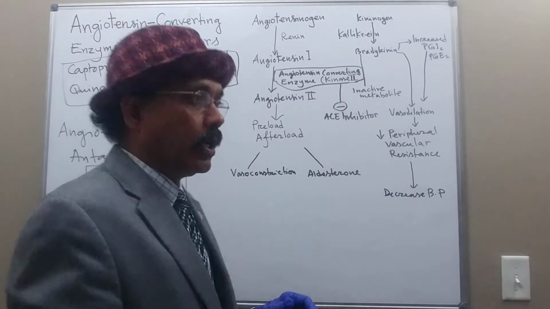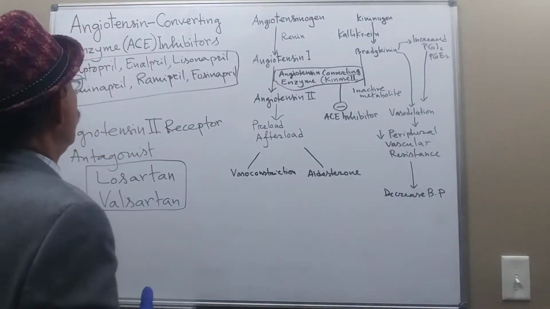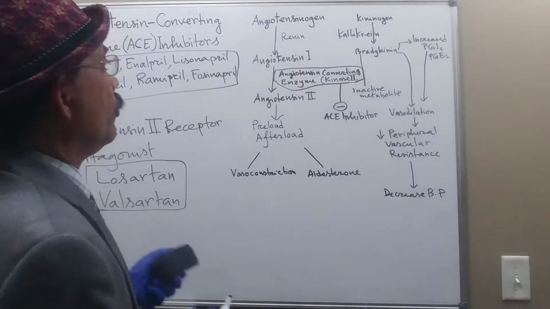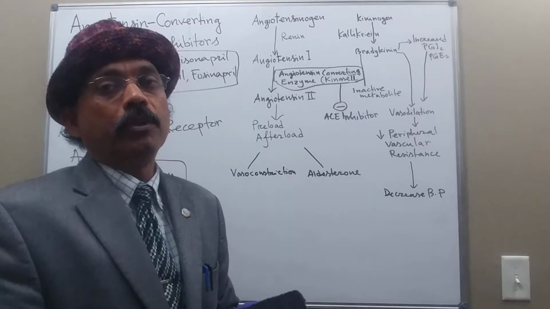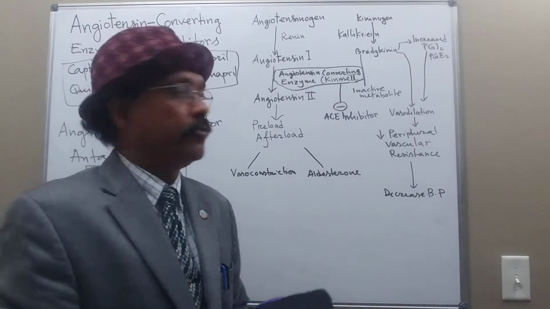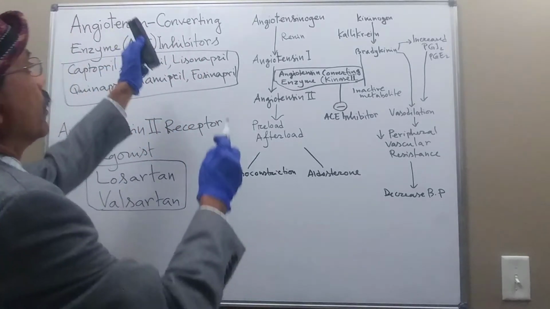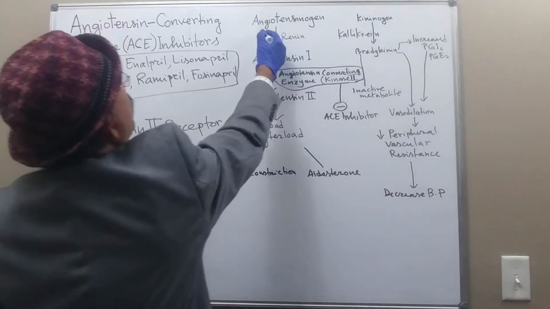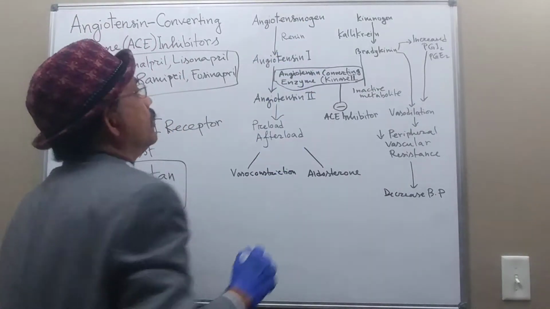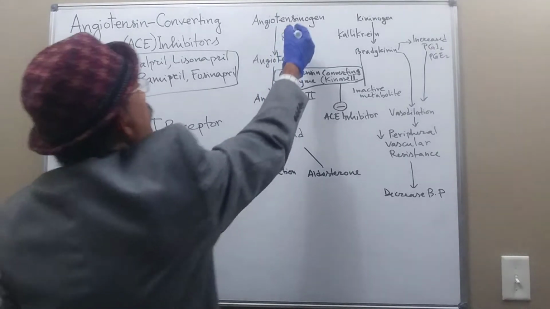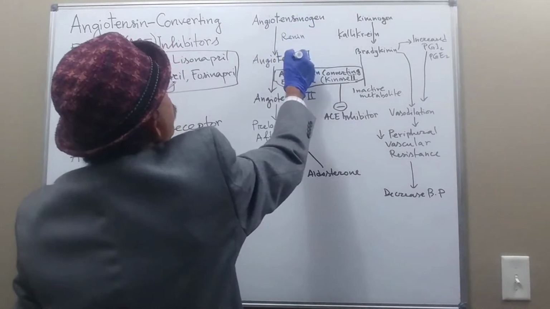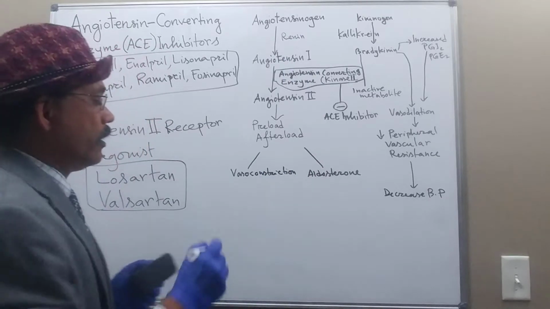Now, what is the mode of action of these drugs? We'll give some idea about the Renin-Angiotensin-Aldosterone System, how it works. Angiotensinogen is produced by the liver. It will be activated to angiotensin 1 by renin.